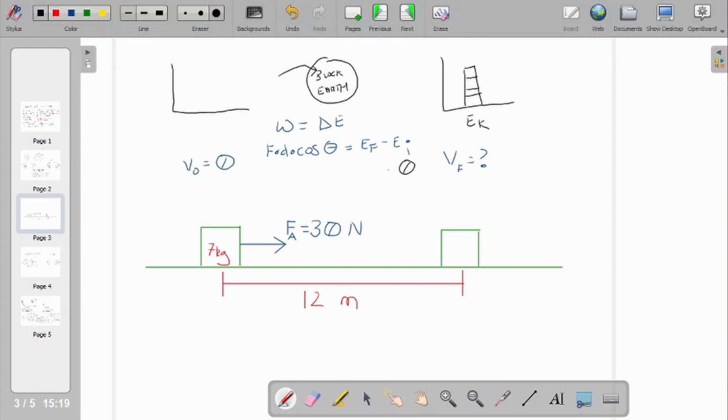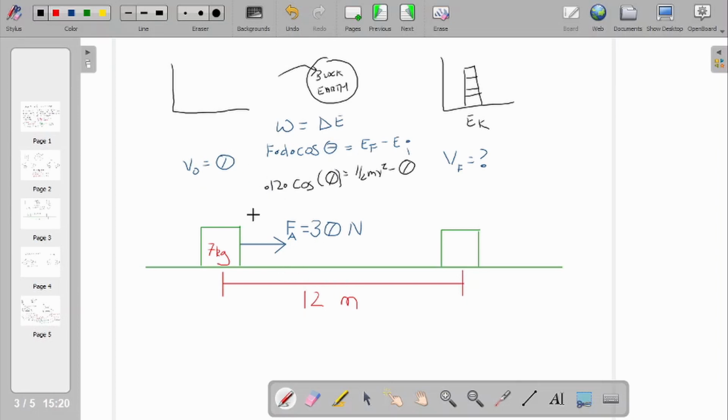I'm going to leave it as 0 for now. The only type of energy I have at the end is EK, so E final is 1/2 mv squared. My angle between the force and the displacement: I'm heading to the right, my displacement's to the right, my force is to the right. They're heading in the same direction, so the angle there is going to be 0. The displacement is 12 meters.